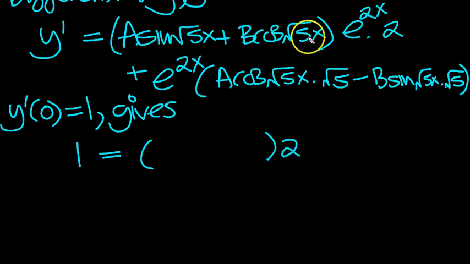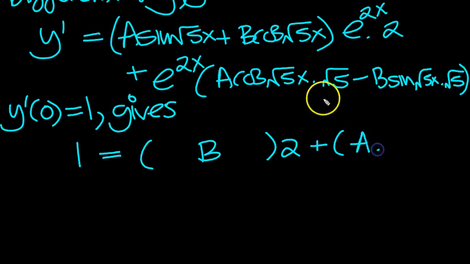Sine of 0 is 0. Cos of 0 is 1, so this is just b. And then plus, e to the 0 will be 1, so it's just this bracket. And then sine 0 is 0, so that term can go, and we're left with cos of 0, which is 1, times a, and then we've got a root 5, haven't we?